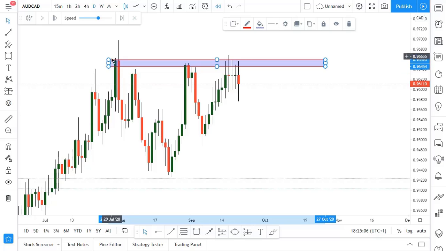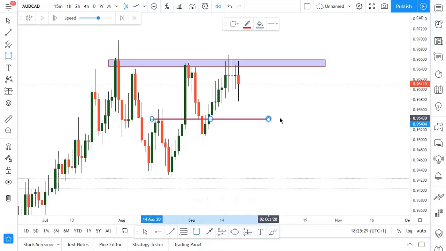It was tested here, the second one, and the third one, and from here we should be expecting a movement back to this neckline or to create an equal low here, but I would prefer the neckline of this W formation, which is another very important pattern in chart analysis.